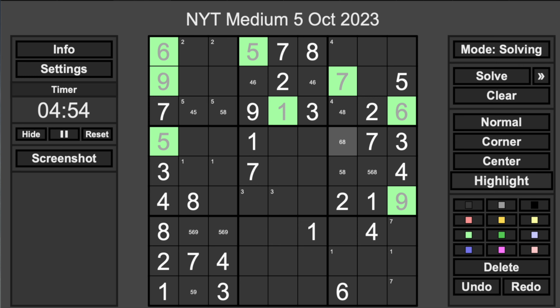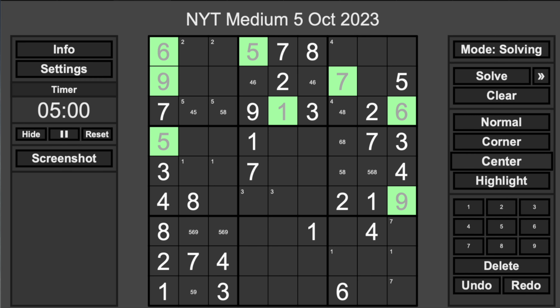Okay, I have 5, 6, 7, 8. I need 1, 2, 3, 4, 9 for the rest of row 1. This can't be 3 or 4. See, none of these are 2. That could still be a bunch of other things.